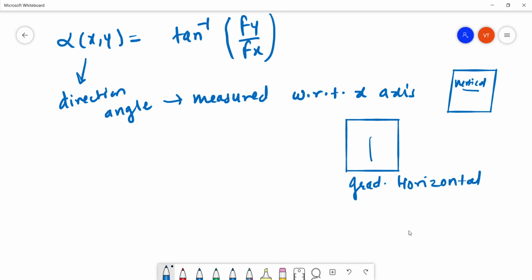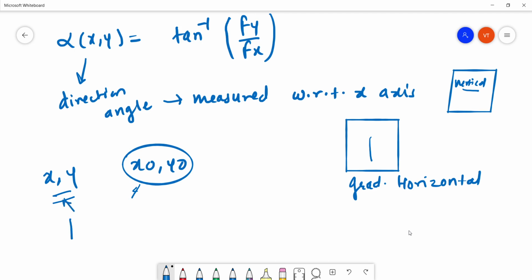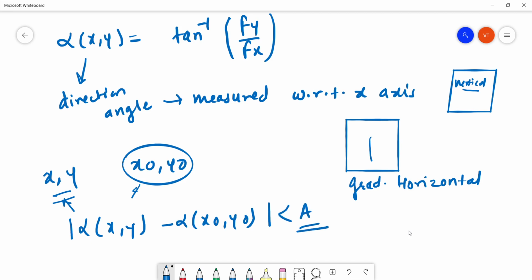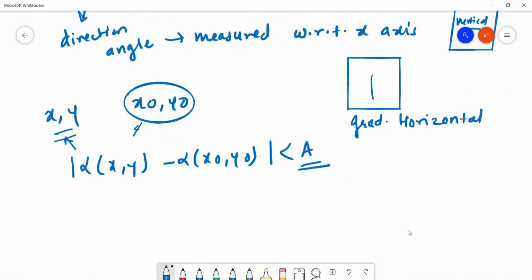An edge pixel at x0 y0 in the predefined neighborhood of x comma y has an angle similar to the pixel at x y. So we are going to check the angle of this and compare it with the angle of x comma y, and if the difference is less than some non-negative threshold, then we can say that x0 y0 is linked to x y.